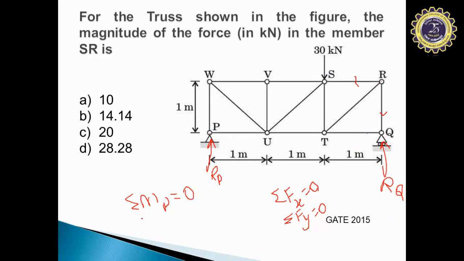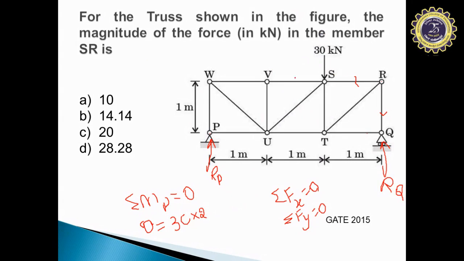So 0 is nothing but the moment at P, which will be equal to, now you can see at S we have one downward force of 30 kilonewton magnitude acting in a clockwise direction. Clockwise, let us consider the sign convention as positive. Hence it will be plus 30 into, what is the perpendicular distance? It is 2. So plus 30 into 2.